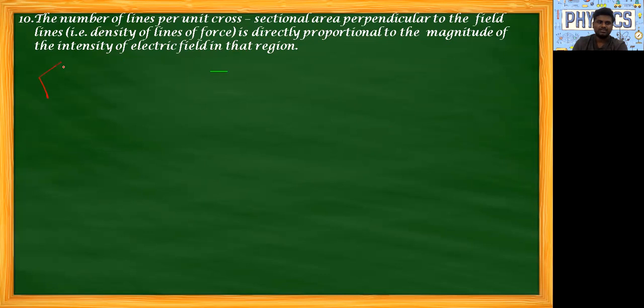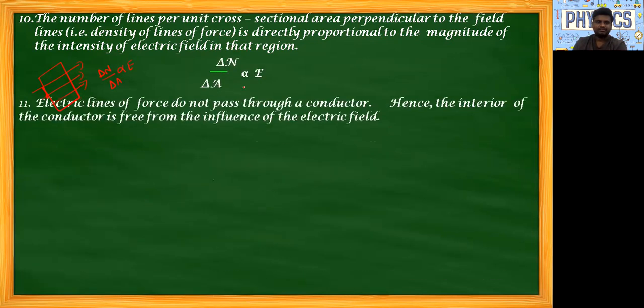In simple words, if you take this area, the electric lines of force are drawn perpendicular. How many electric lines of force are passing through this area is directly proportional to the electric field. That is, delta N by delta A is directly proportional to E.